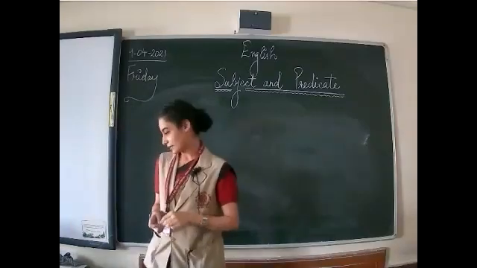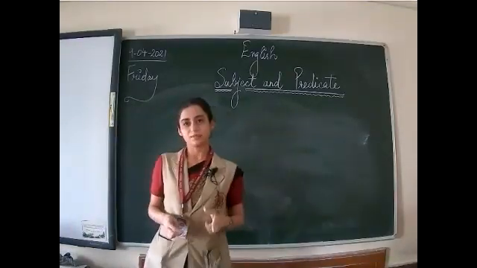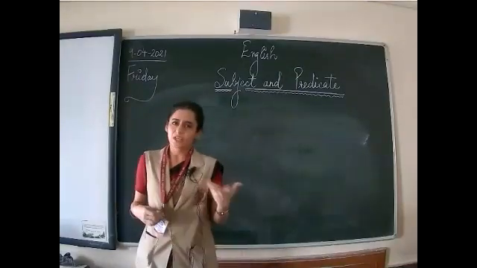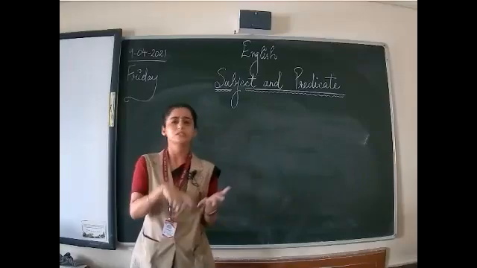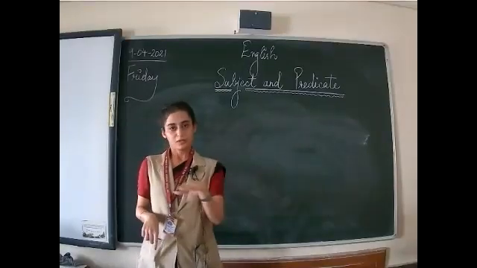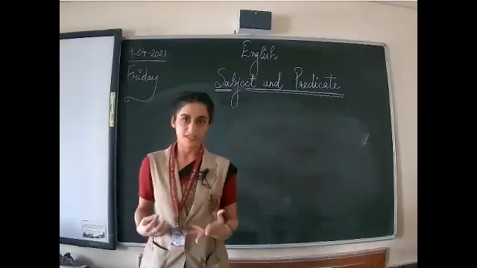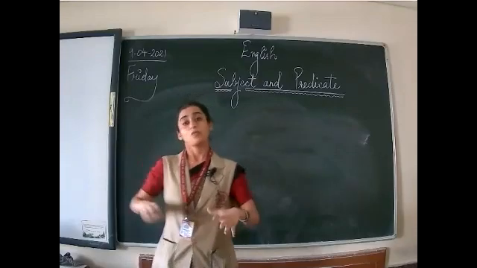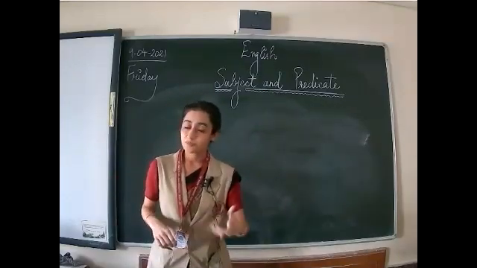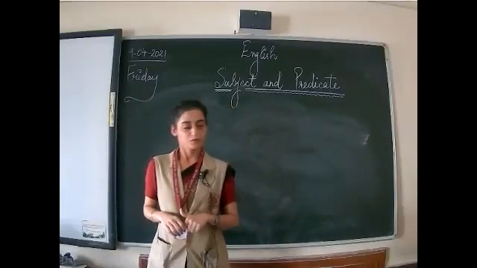Let's talk about predicate. Now, like I told you, when we speak of a person, place, or a thing, they are the subjects in the sentence. All right. Now, what we speak about them is called the predicate.